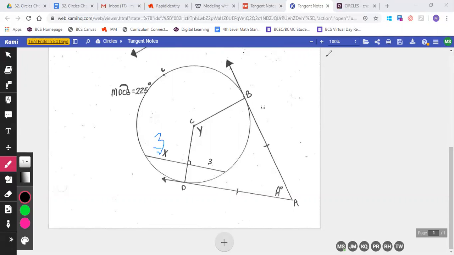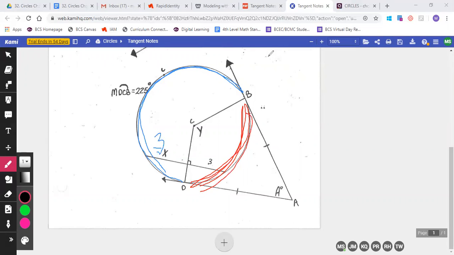Once we have that, I can go ahead and start working with this 225 degrees. There's not very much other information on this diagram. So it says DCB, D to C to B, telling us that it's a major arc, is 225 degrees. Well, if this right here is 225 degrees, that tells me that I can go ahead and find this right there, because how many degrees are in a circle? I know that there are 360 degrees in a circle.